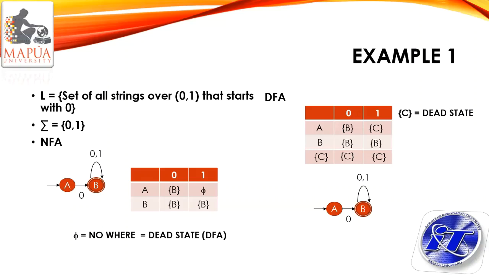And in state A, if it's 1, it will go to C. And any value at C will just loop within itself. So, is this a DFA? Yes. It has paths for all values, and only one path for each value of the alphabet. So this is the equivalent DFA of the NFA.